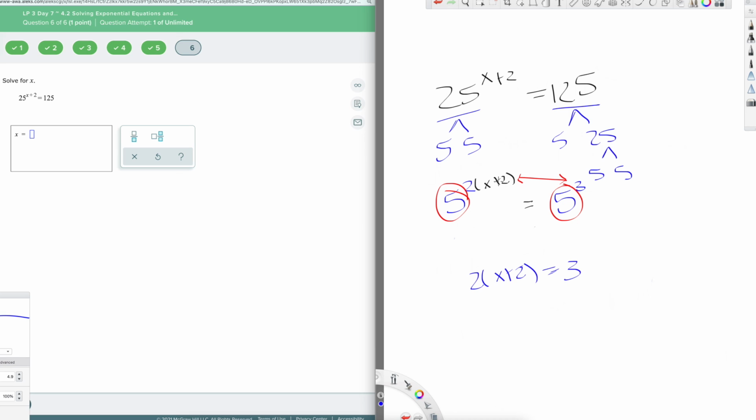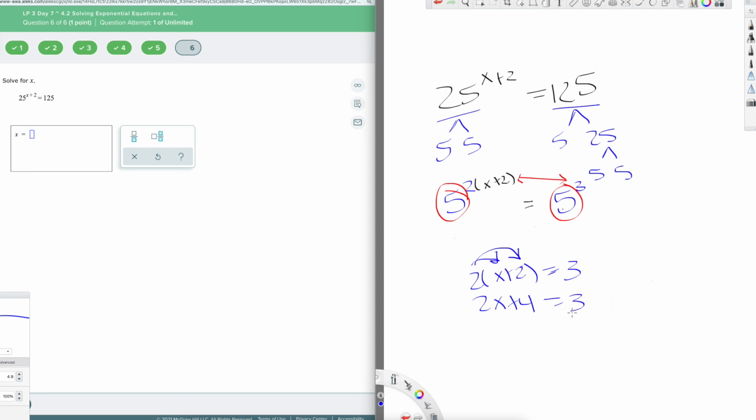So now I know if the bases are 5 and 5, and again I have this equal sign, they have to equal each other. So I want to know, what does x need to be in order for it to equal 3, since it has to equal this other side? So I'm going to distribute this, and I get 2x plus 4 equals 3.